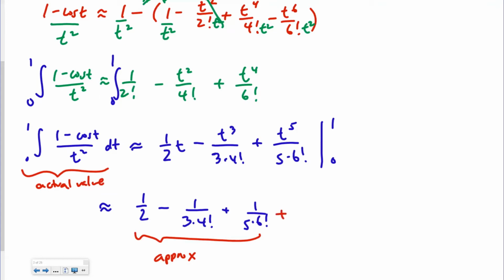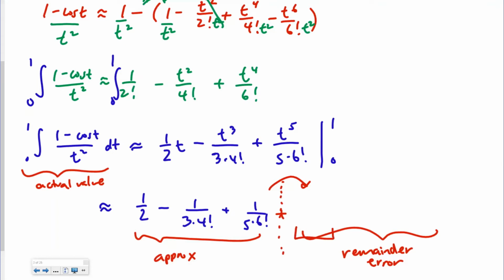And whatever I have right here is what's called the remainder, or the error. If I put a line right here, the next term, whatever this next term is, will be called the remainder bound, or the error bound. The bound of the remainder.